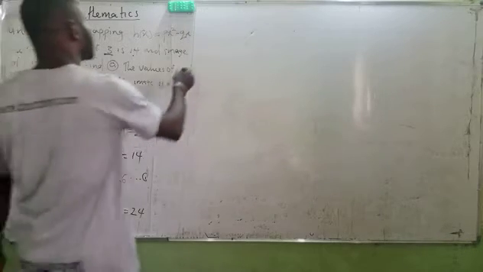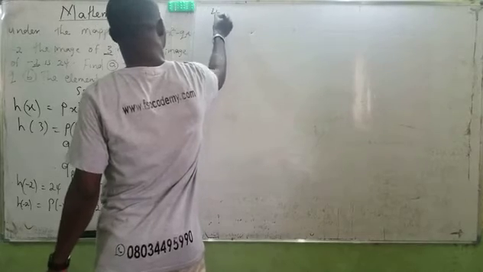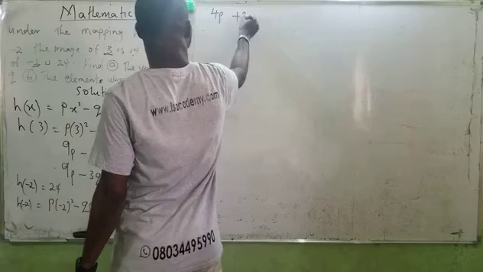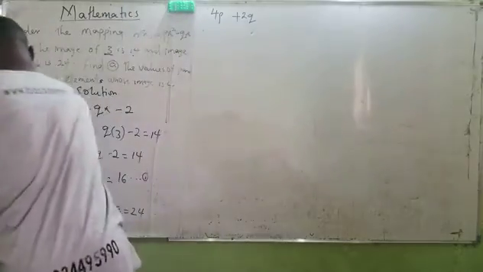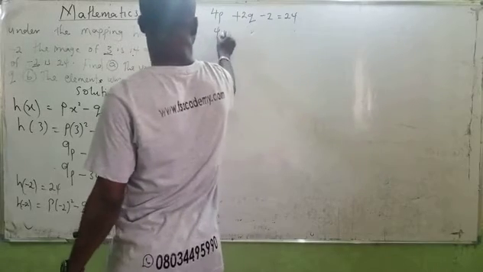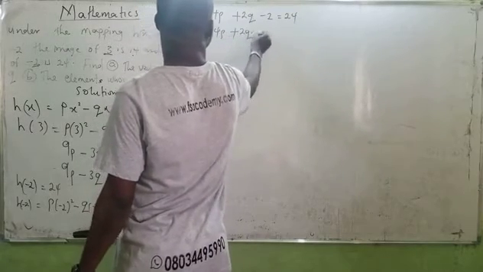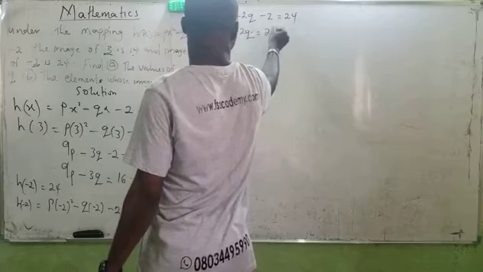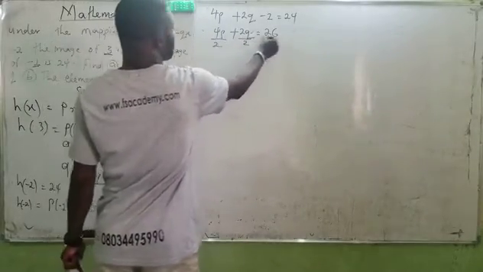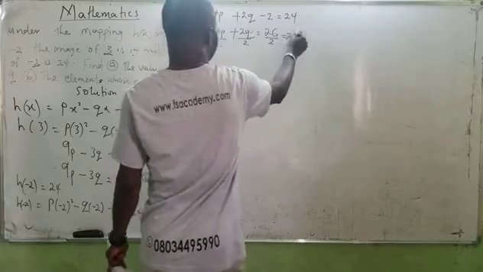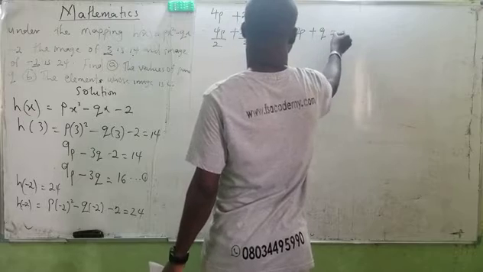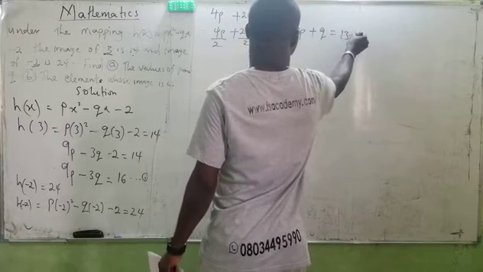By implication, I'll have 4p plus 2q, because minus times minus is plus, minus 2 equals 24. It means 4p plus 2q equals 26. Now, I can divide all through by 2, which implies 2p plus q equals 13, equation 2.